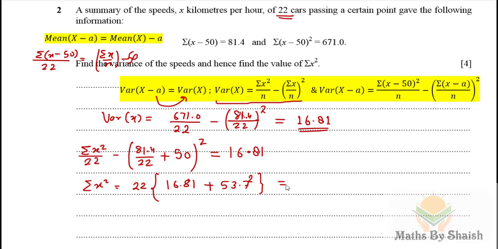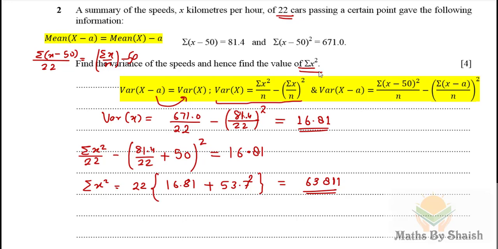So altogether this value is this plus 16.81, multiplied by 22, and this value comes to 63,811. So that's the value of sigma x squared. I hope it is clear.